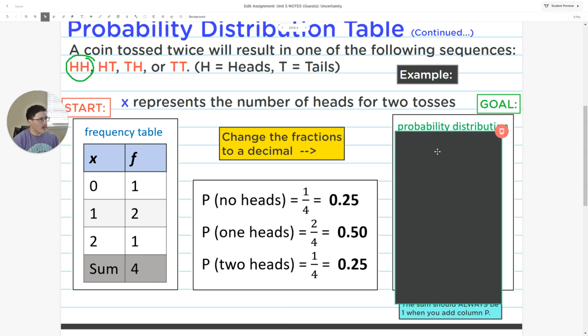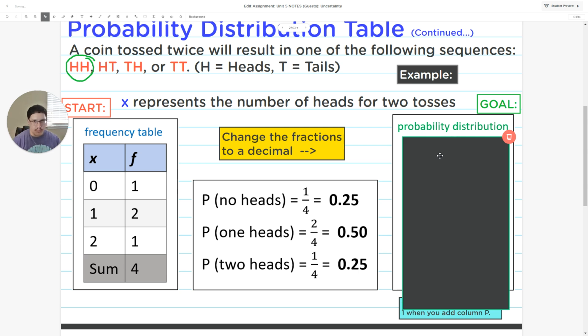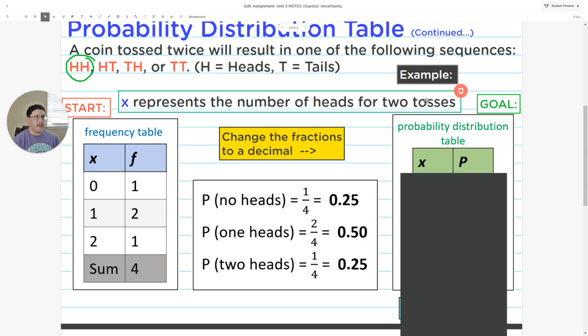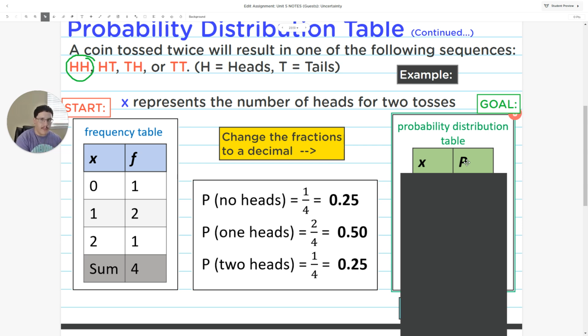Okay, now changing this into a probability distribution table. X is the random variable. The random variable in this case is the number of heads for two coin tosses. P instead of F now is the probability. So we're not looking at frequency anymore. Frequency is the amount of times it occurred.